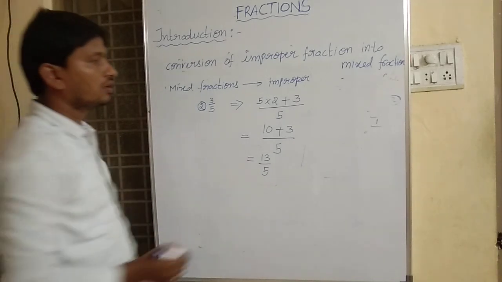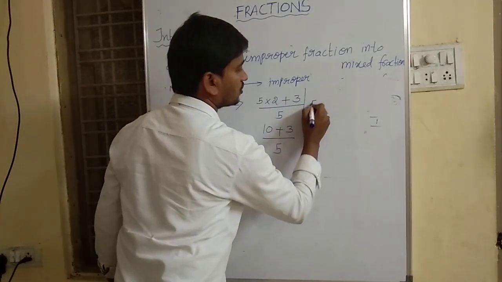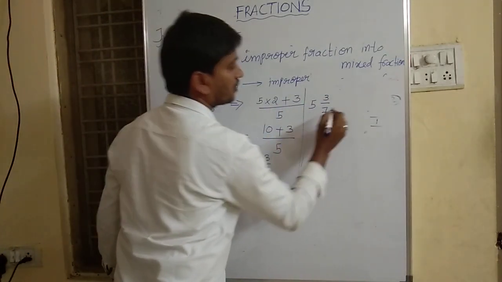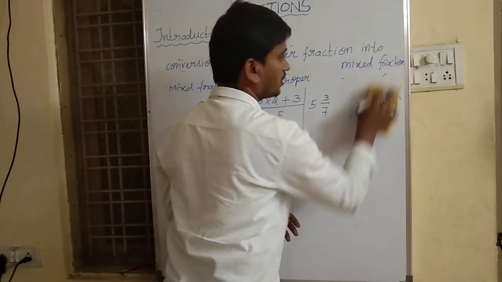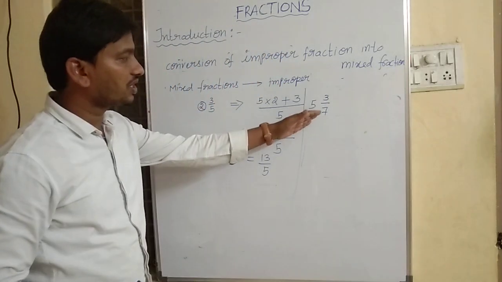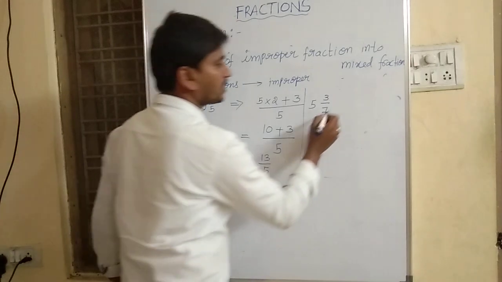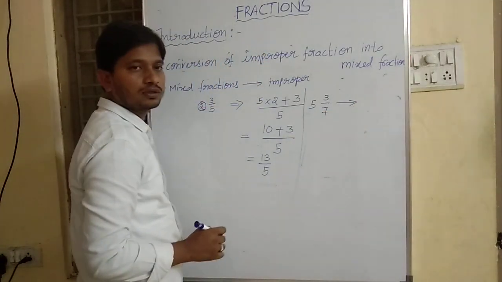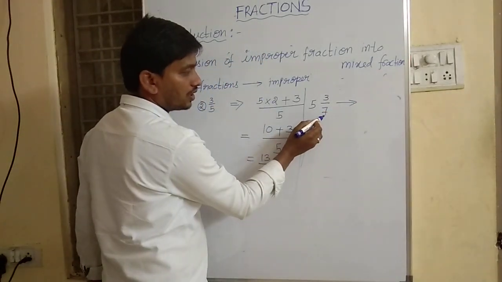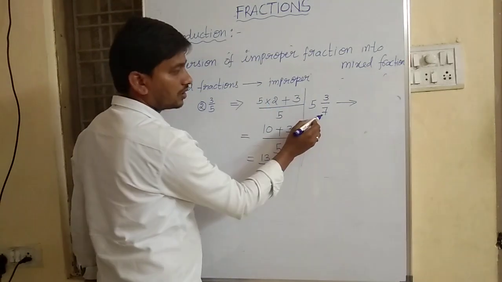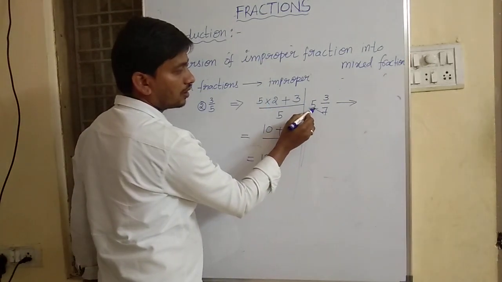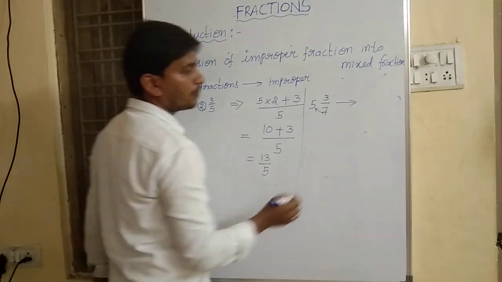For example, one more example, 5 3 by 7, which is our mixed fraction. How to convert it into improper fraction? Multiply the denominator into the whole number part. Denominator is 7 and whole number part is 5.